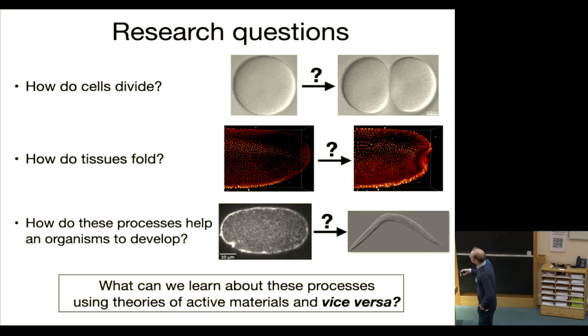And certainly I am a full-time theoretical physicist. So what I really want to understand is what I can learn about these things using theories of active matter. And then maybe more excitingly, and Julia also made this point quite nicely, using biological systems to inspire our thinking about what theories of active materials have to actually look like and what they have to be able to describe, okay?